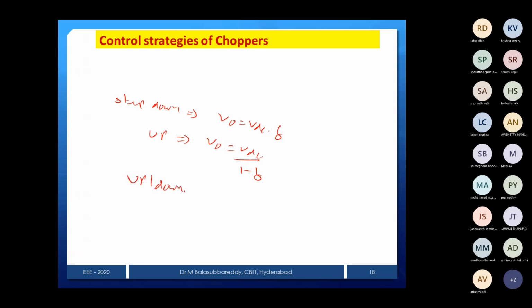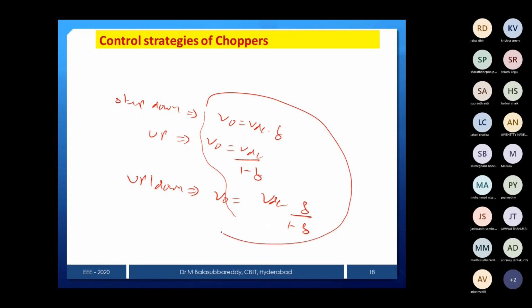For up and down, V out is equal to VDC into delta by 1 minus delta. So for all these, what is the control parameter here? This is delta, whether it is step up or step down. So how delta is going to be varied, that is the only question.